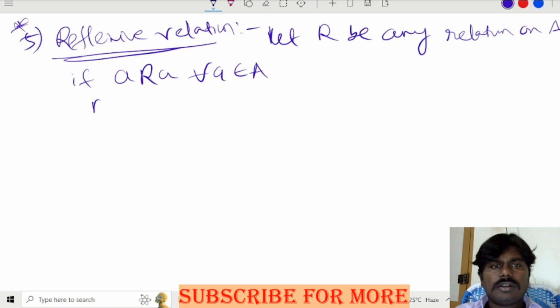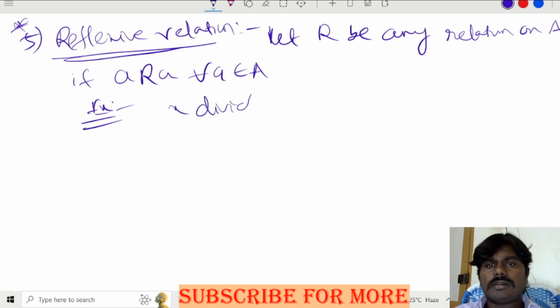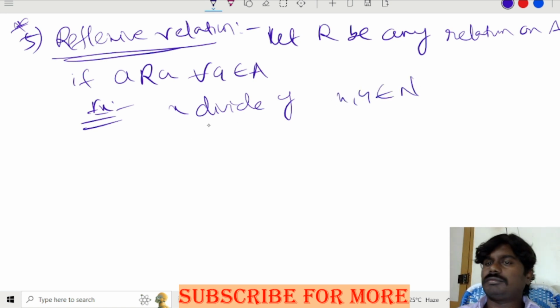Okay, so here we will see one example. Here x divides y, where x and y belong to N. So x divides y means when you are taking every element in the natural numbers, x divides x, y divides y, every element divides itself.